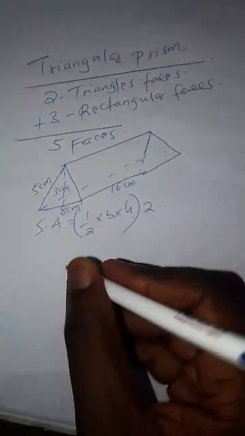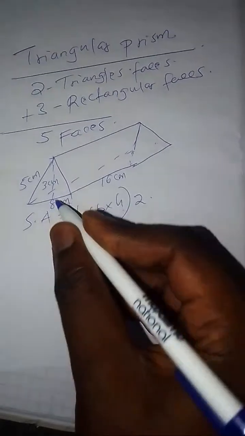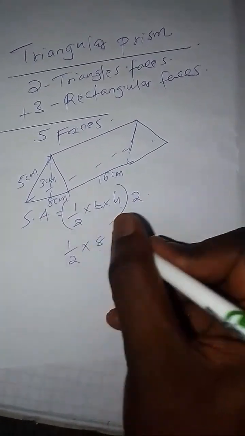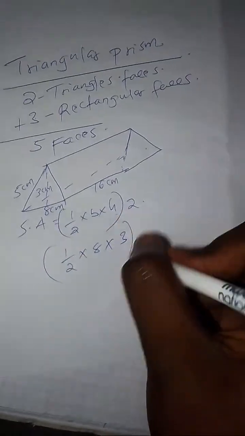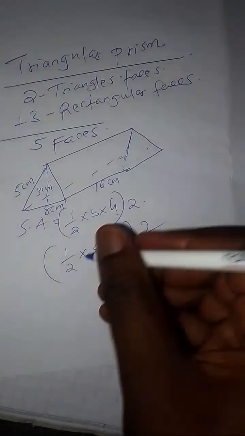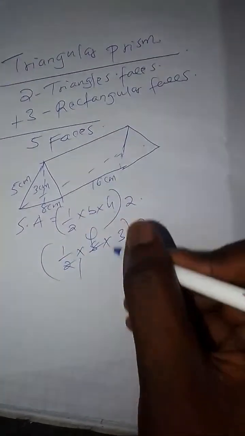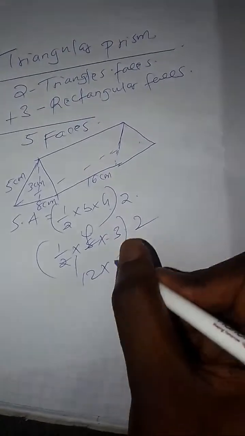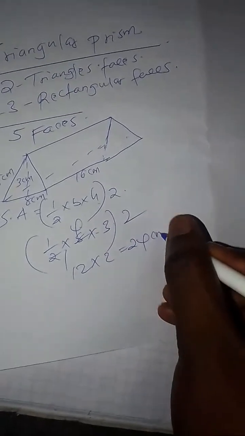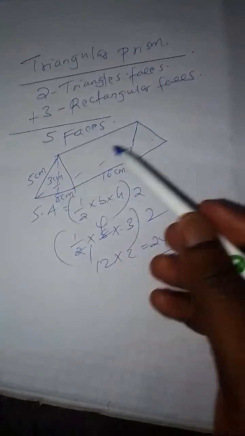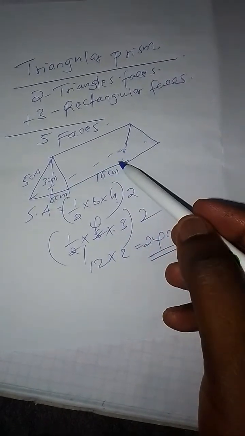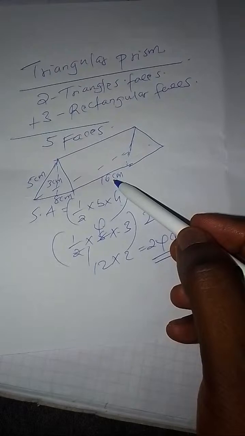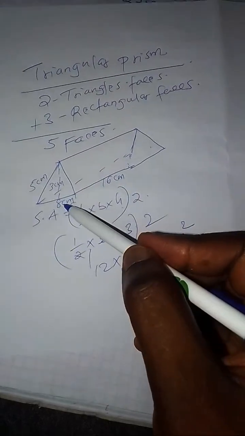So we shall have a half multiplied by the base, which is 8, and the height is 3, times 2 in bracket. 2 into 8 is 4. So 4 times 3 is 12, and 12 times 2 is 24 square centimeters. That is just the surface area of the two triangles. Now we have another rectangle down here, which is 16 multiplied by 8.